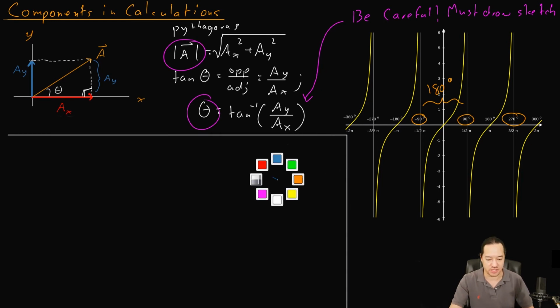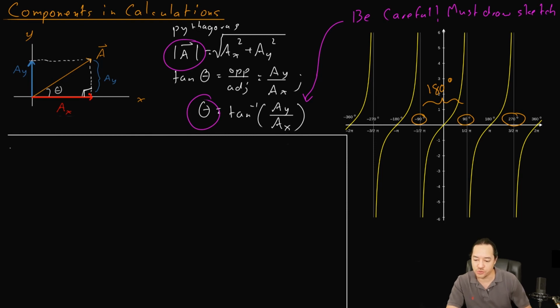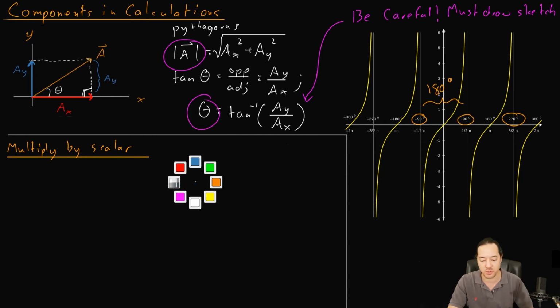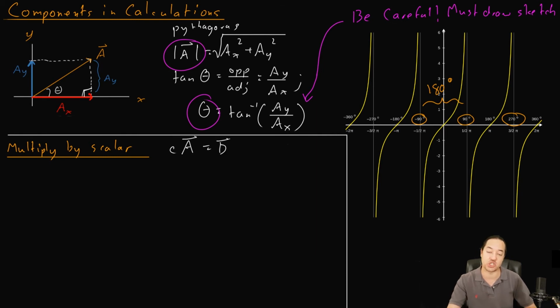What else can we do with this? Well, we can also use components to help us multiply a vector by a scalar. Let's see what I'm talking about. Let's say we have a scalar c, and we're multiplying it with a vector a, and we're getting out some vector d.